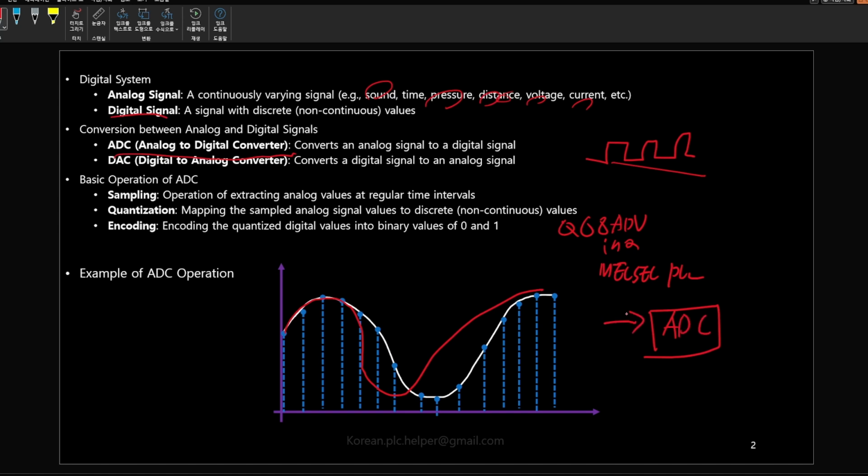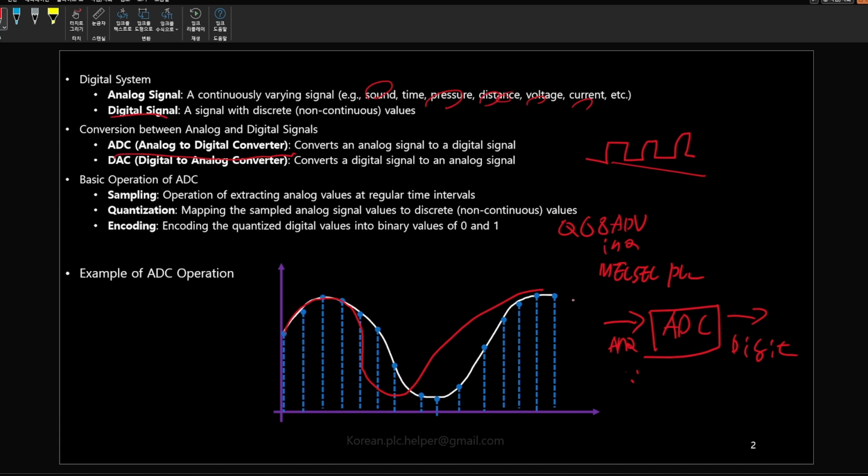The AD card converts input analog values into digital values for output. So why do we need an ADC? Analog signals cannot be directly interpreted by the PLC CPU. Therefore, it is necessary to convert them into digital values that the CPU can interpret, using an ADC.